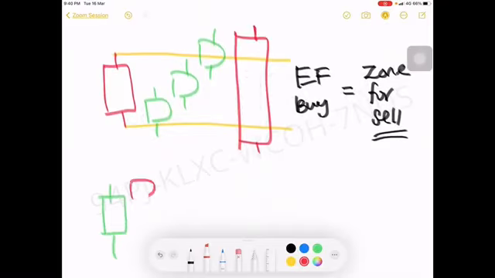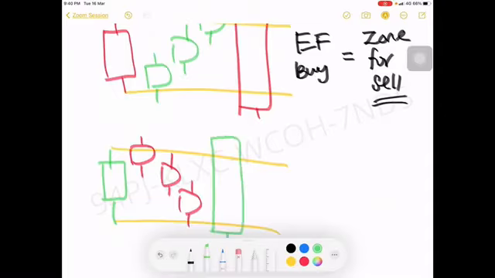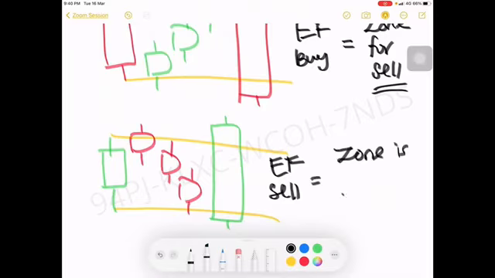Okay, and then you're going to mark that place, but it went up. So that means it's going to be EF sell, means that the zone is for what? For buy. Yes, that is correct.